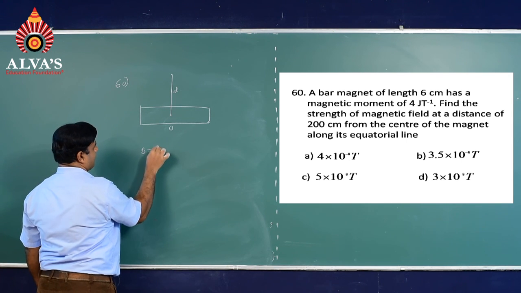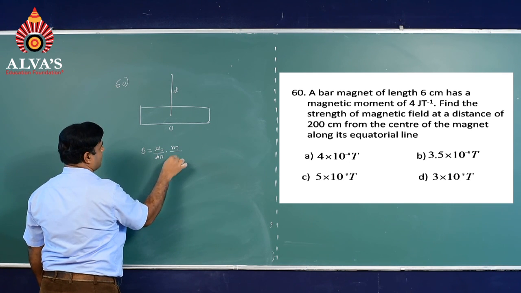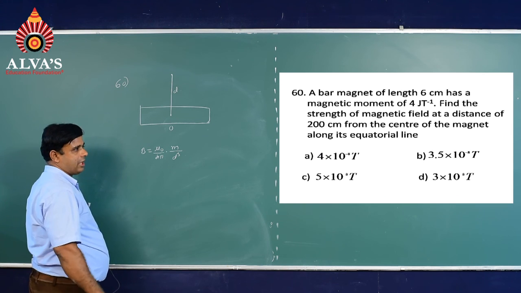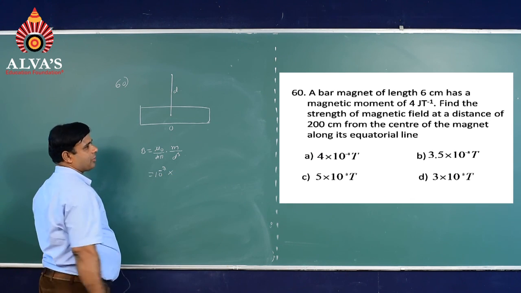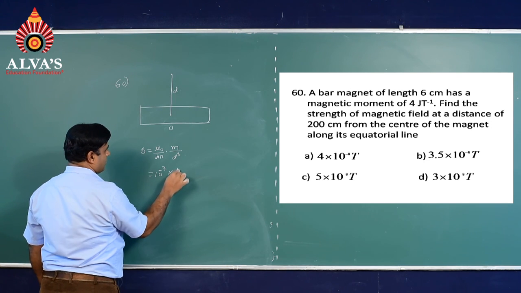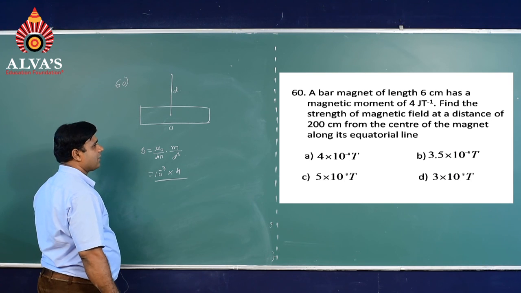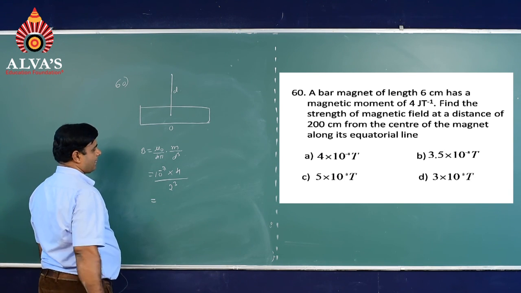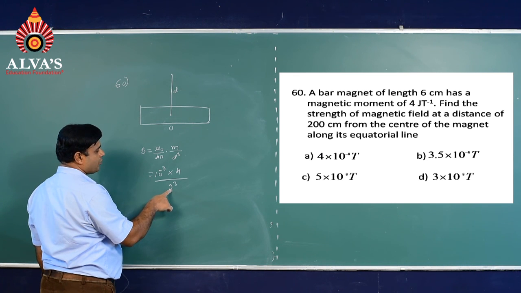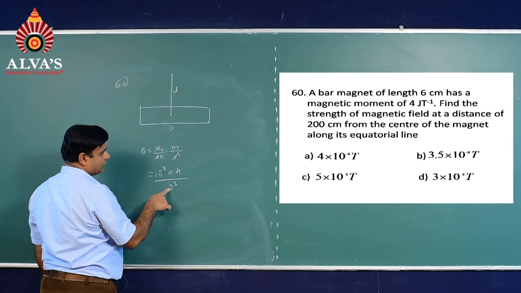The field is given by the formula mu naught by 4 pi into m divided by d cube, where mu naught by 4 pi is 10 to the power minus 7. Dipole moment is given as 4, distance given as 200 centimeter is nothing but 2 meter, 2 cube is 8, 4 by 8 is 1 by 2.